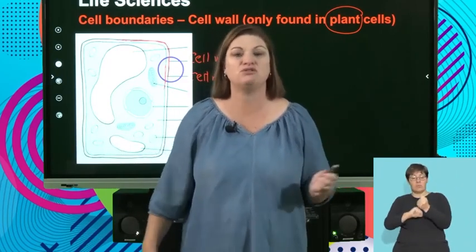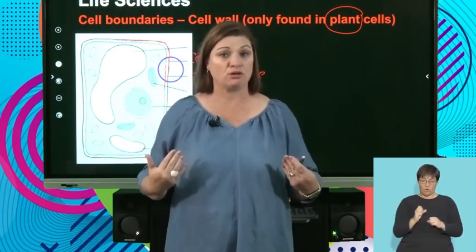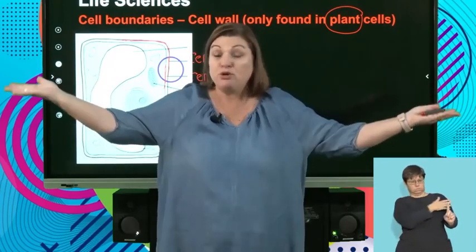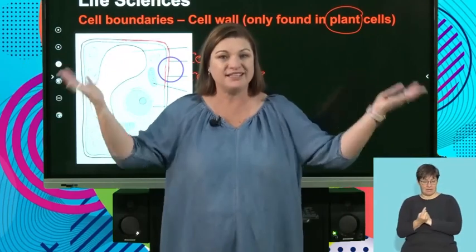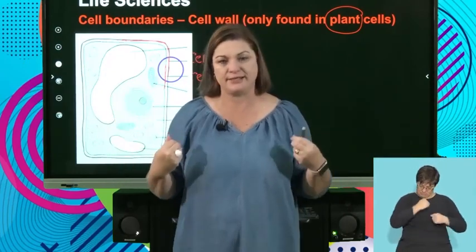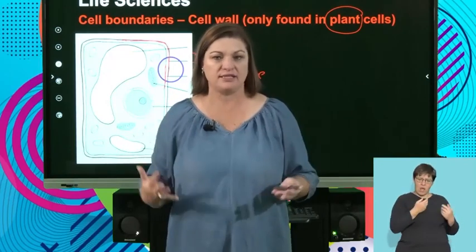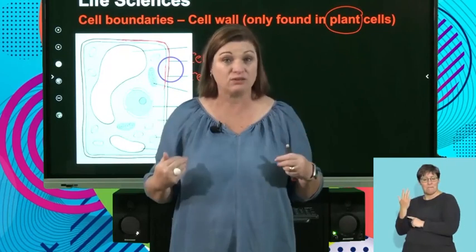The answer is no. So a plant, in order to be strong, to stand up straight, to be able to put the leaves out for photosynthesis to occur, needs to have its own skeleton. Now, it doesn't have that. We have the bones of our skeleton as our support structure. What plant cells have is the cell wall.